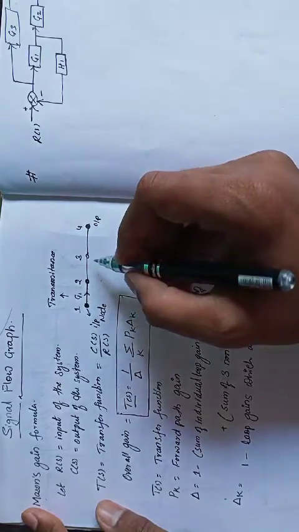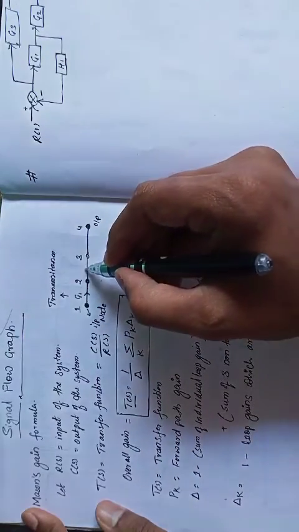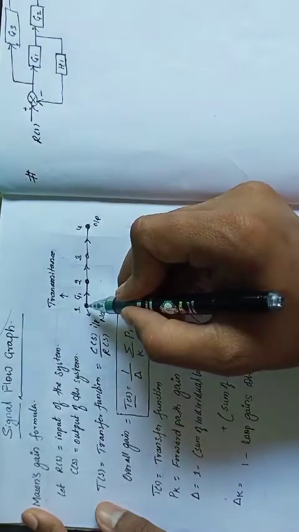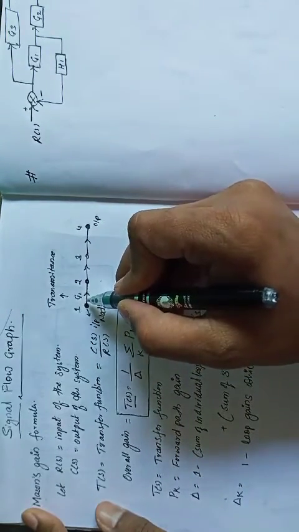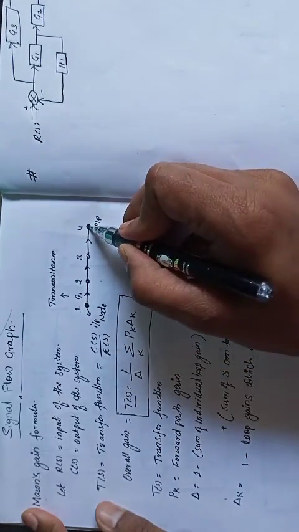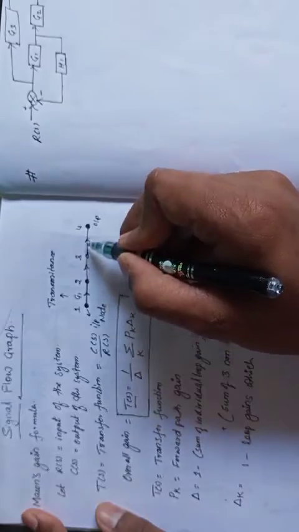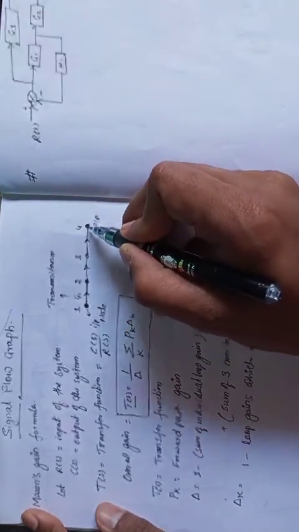Now we have to understand the forward path. What does forward path mean? Forward path means the path from node 1 to node 4, that is from input to output, along one straight path.